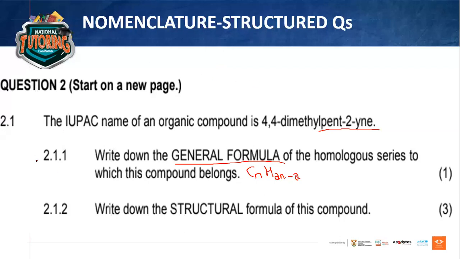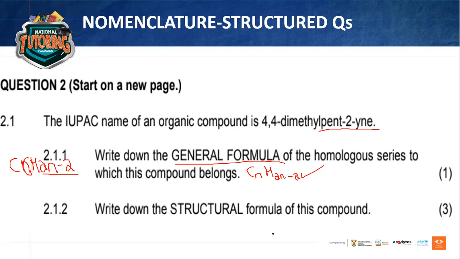I often see mistakes where a learner would write CnH2n-2 like this. It can't be like that. These ones are subscripts. So it must be like that. And that is 1 mark.